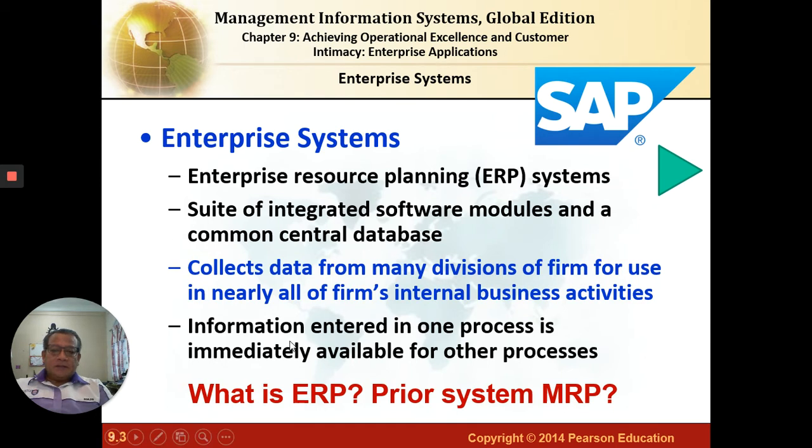In other words, a single piece of information entered into the process can immediately be accessed or seen by other departments, so it reduces the time to share and distribute information. And that's why it is called enterprise resource planning. So let's see one video clip of how the ERP system actually functions.